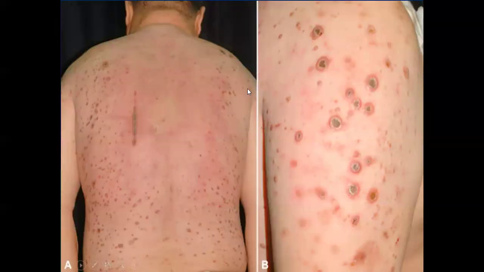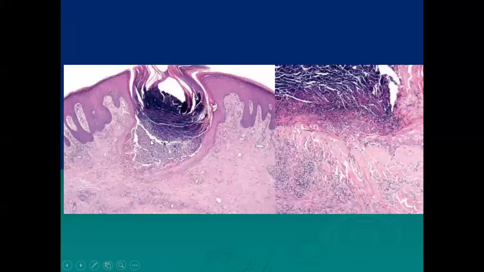Here you can see in this appearance that there are many papules, and in the center there is a necrotic crust. This is a typical clinical picture of reactive perforating collagenosis. If we do a biopsy, you would see transepidermal elimination of collagen.